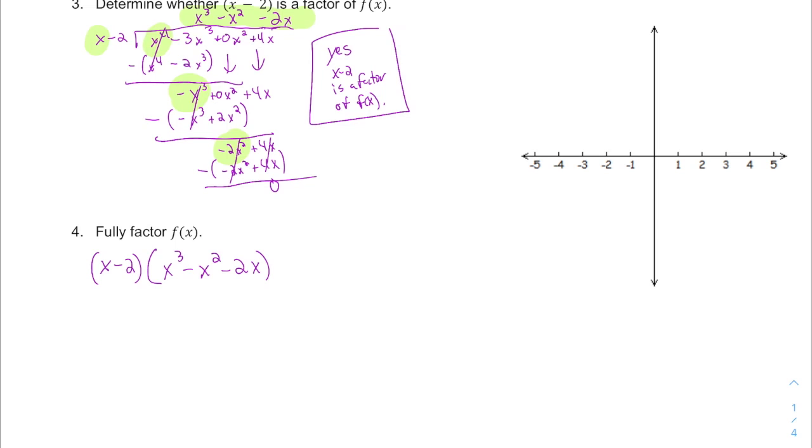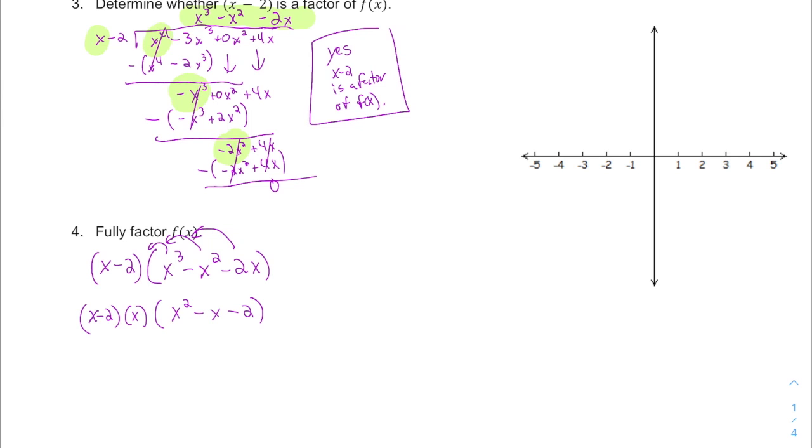So it's equivalent to our original function f of x. Now we can look at x cubed minus x squared minus 2x, and we can say we have a greatest common factor of x that we can pull out. So we could say x minus 2, we pull out x, and we are left with x squared minus x minus 2 when we factor out a GCF of x from each of our terms.